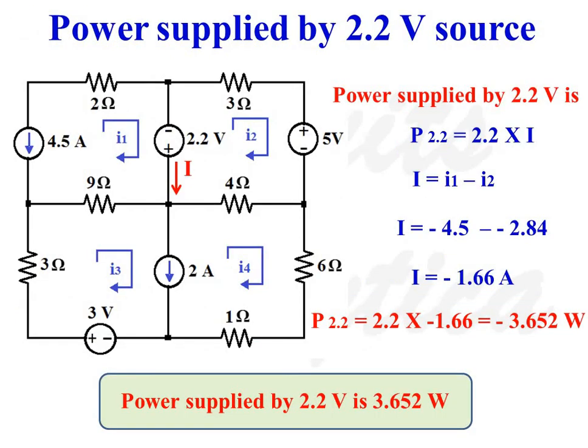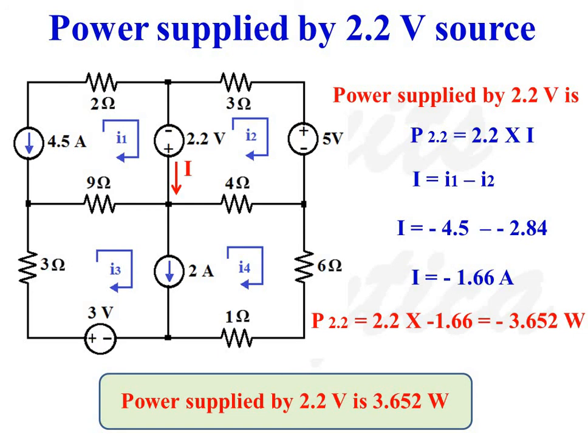So we are asked to find power supplied by 2.2 volt source. So current sourced by 2.2 volt source, I is equal to I1 minus I2. The direction of current I matches with the direction of current I1 and it is opposite to the direction of current I2.